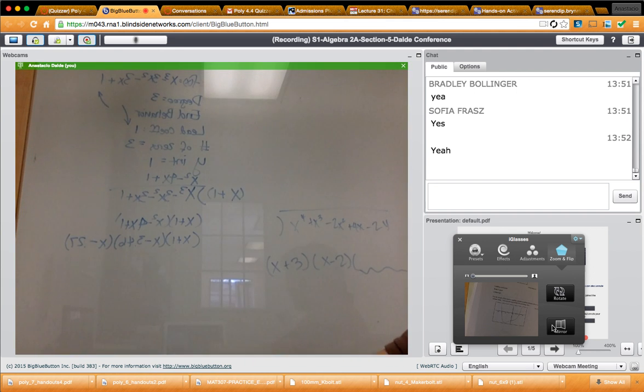So these would be my two roots that I can definitely see, and the rest I don't know. I would probably do long division twice: long divide x plus 3 into here, and then take my answer and long divide the x minus 2 and see what happens. I think that would be the easiest way.